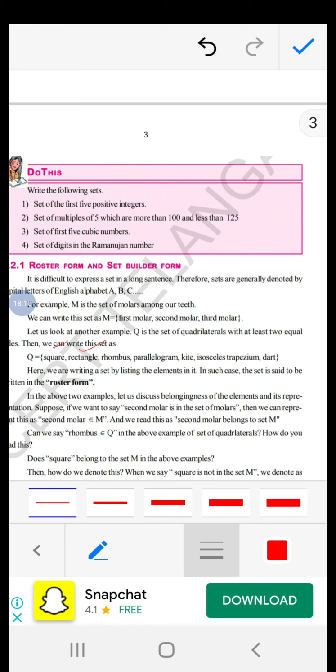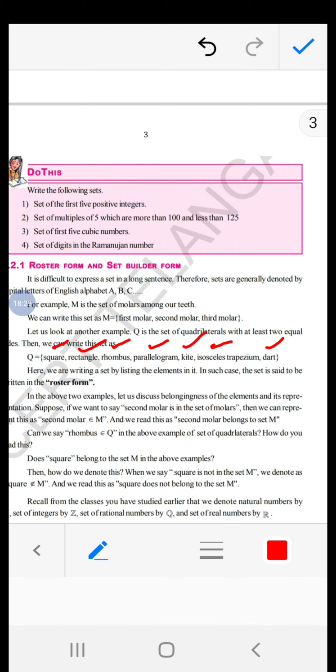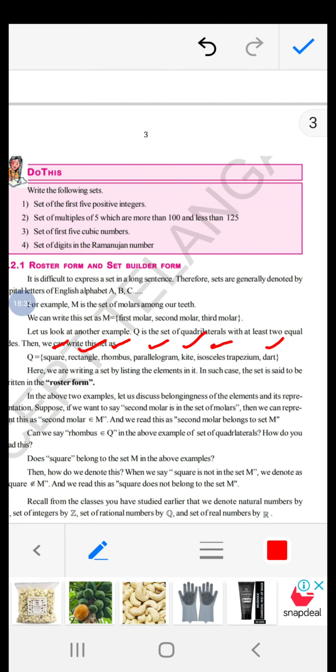Square, rectangle, rhombus, parallelogram, kite, isosceles trapezium, and so on. In the set Q, each type of quadrilateral is considered an element. Okay, right?